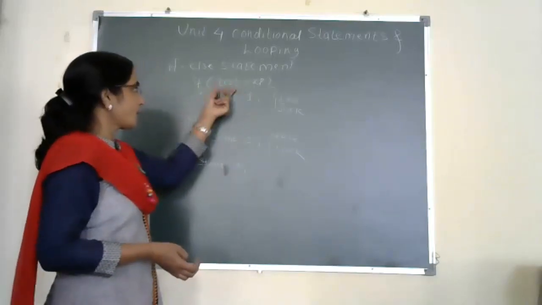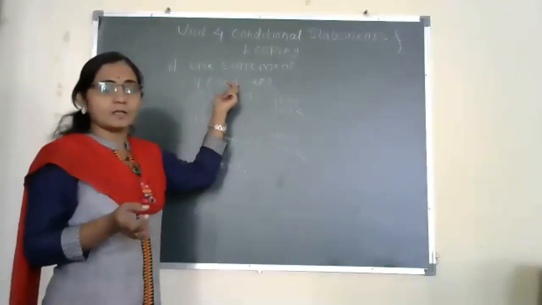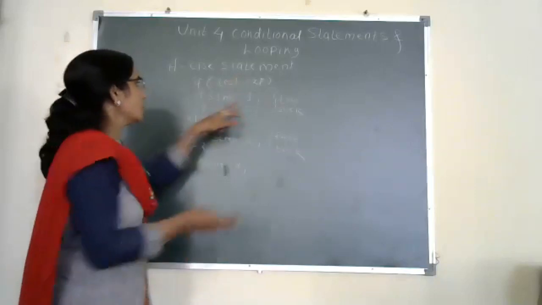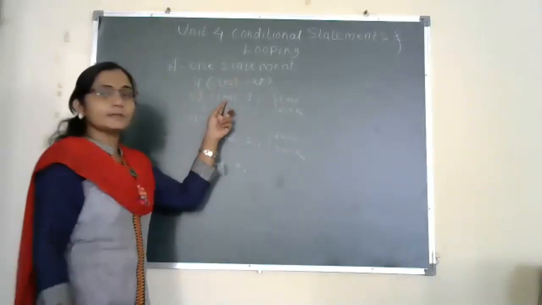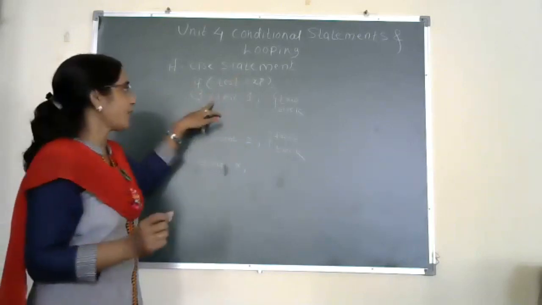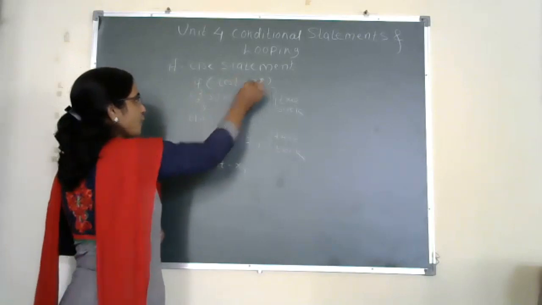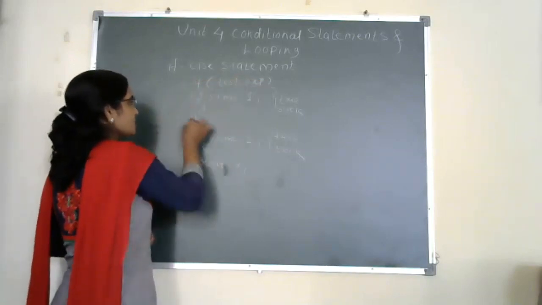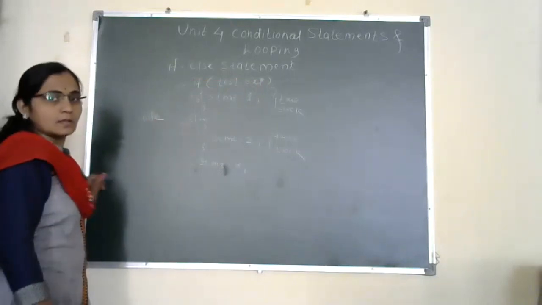If the result of the condition, or the test expression, becomes true, then the statement one block, or the true block, will be evaluated. But if the condition becomes false, then it directly jumps to the else part.